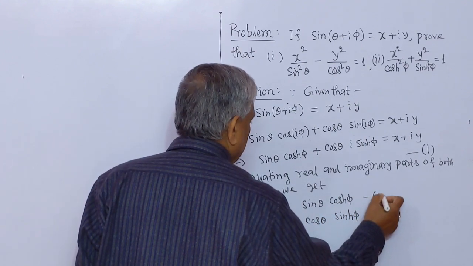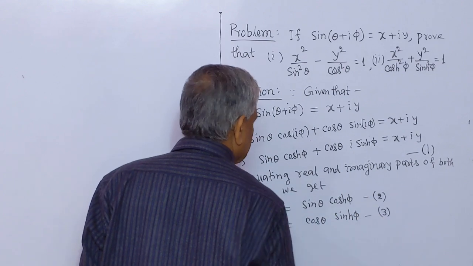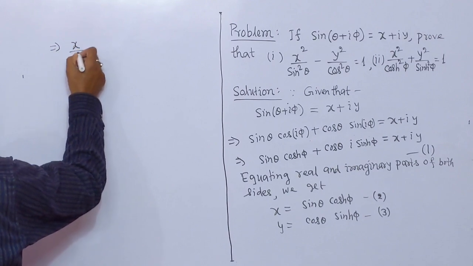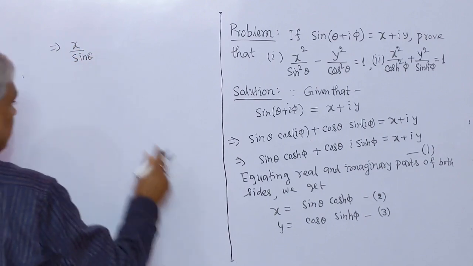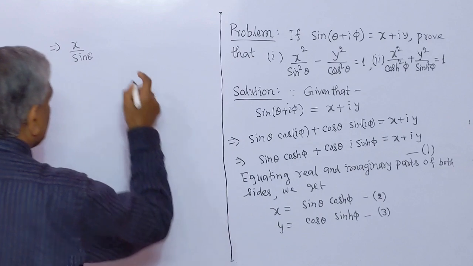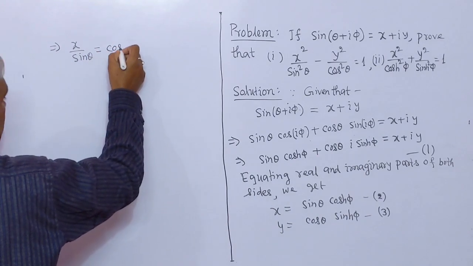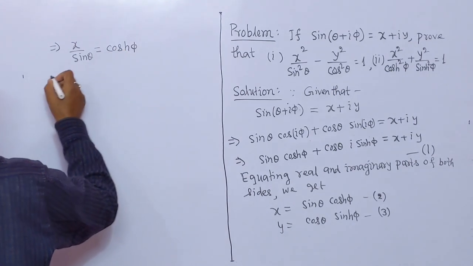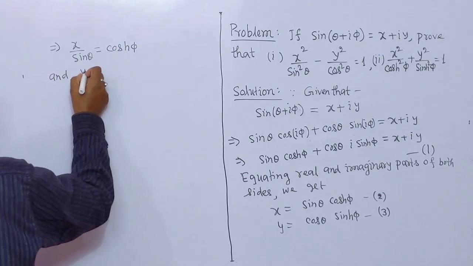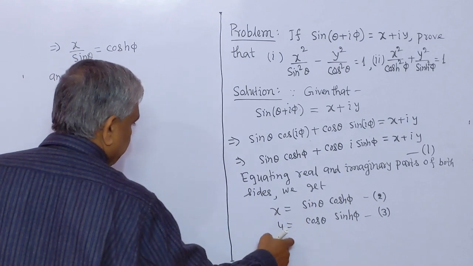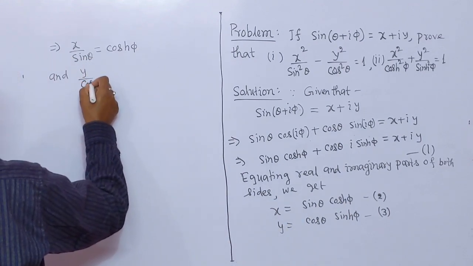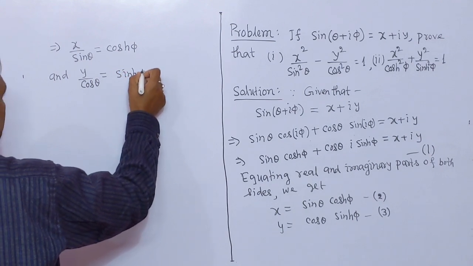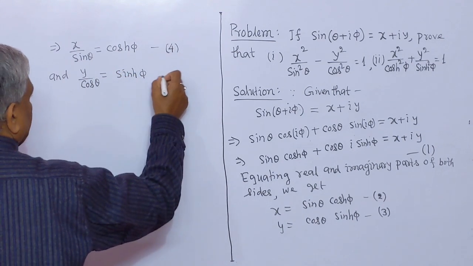This is number 2, this is number 3. This implies x by sin theta equals cosh phi, and y by cos theta equals sinh phi. This is number 4, this is number 5.